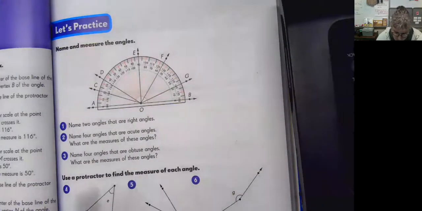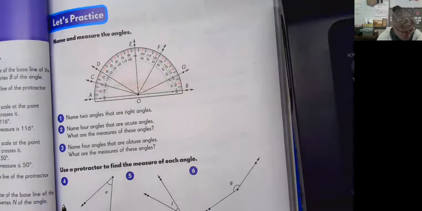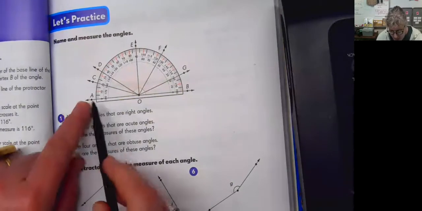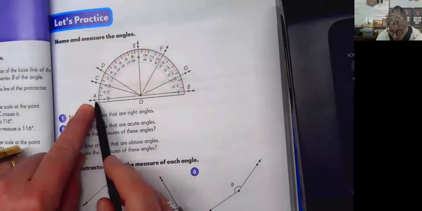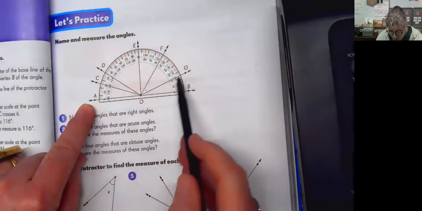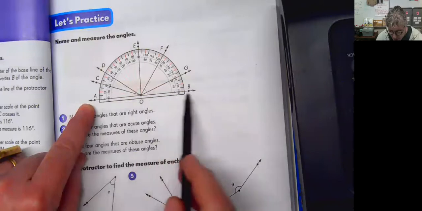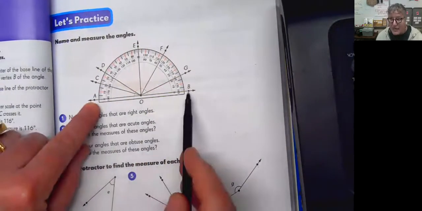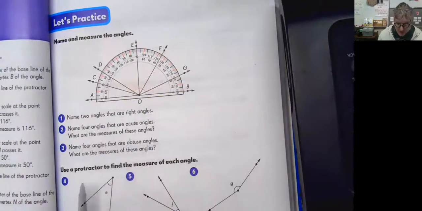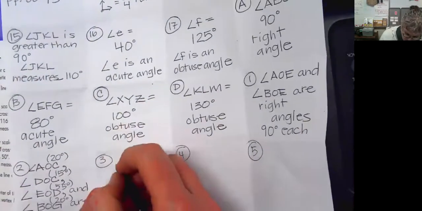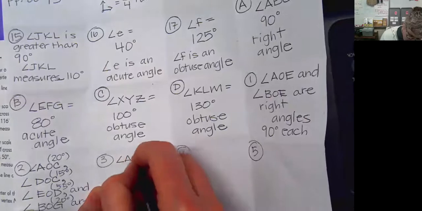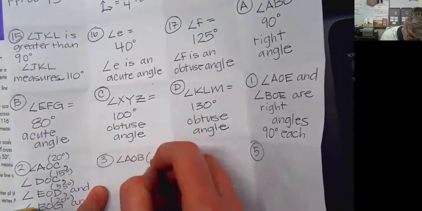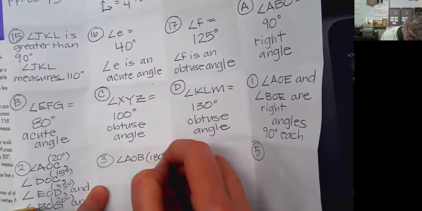Name 4 that are obtuse, and we're going to measure them. Okay, here we go. So this time, let's do AOB. AOB is 180 because it's a straight line, and straight lines are always 180. So we're going to say angle AOB is 180 degrees.